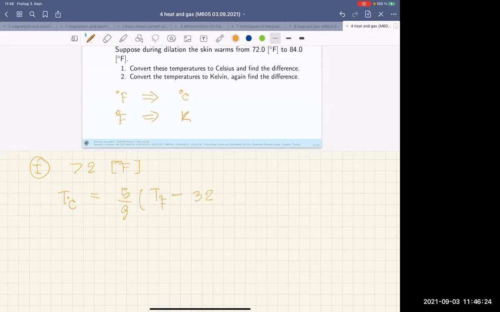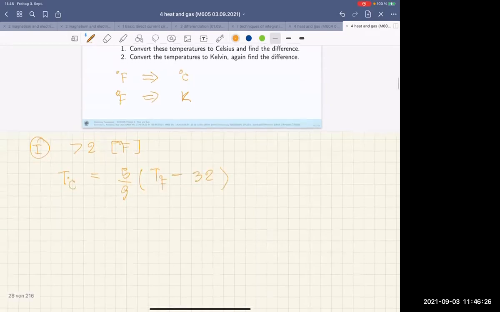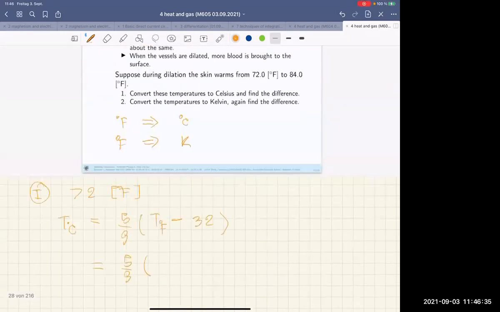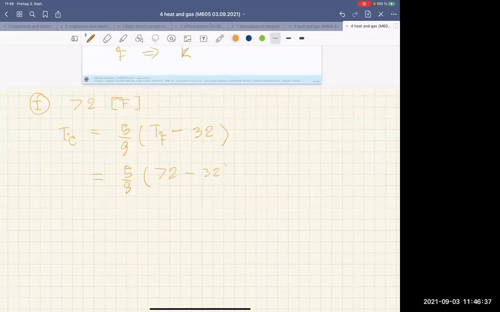We substitute: 72 minus 32 is 40, so it's 5/9 of 40.